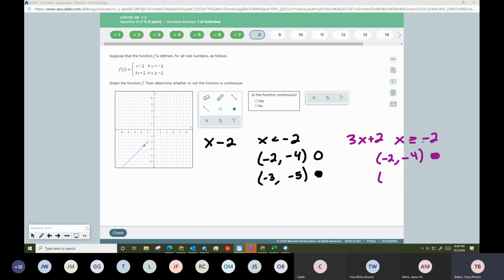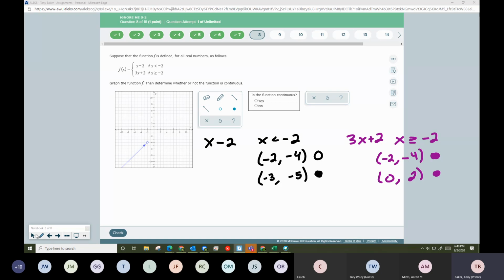Then I'm going to pick another point that works, and I'm going to use 0 just because I like 0. So it's (0, 2), and that's also a closed dot because that's the number I chose. This one's a closed dot because it has the equal sign under it, where the other was an open dot because it didn't.